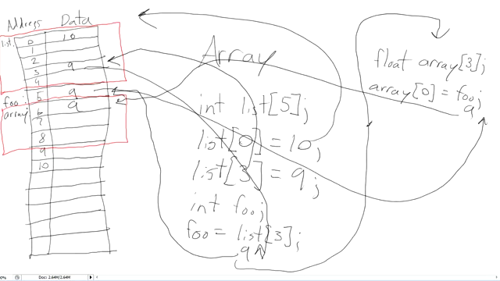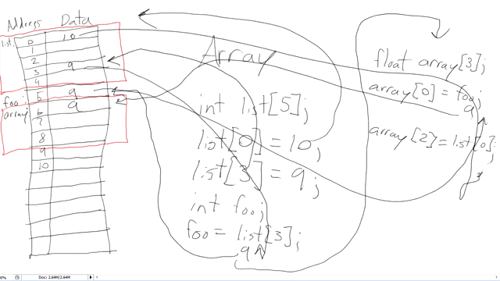And last but not least, let's say array at 2, which is the last element of the array, because there's 3 elements. 0, 1, 2 is the last element. Is equal to, I don't know, list at 0. Okay? So again, list is 0. 0 plus 0 is 0. Address 0 is 10.